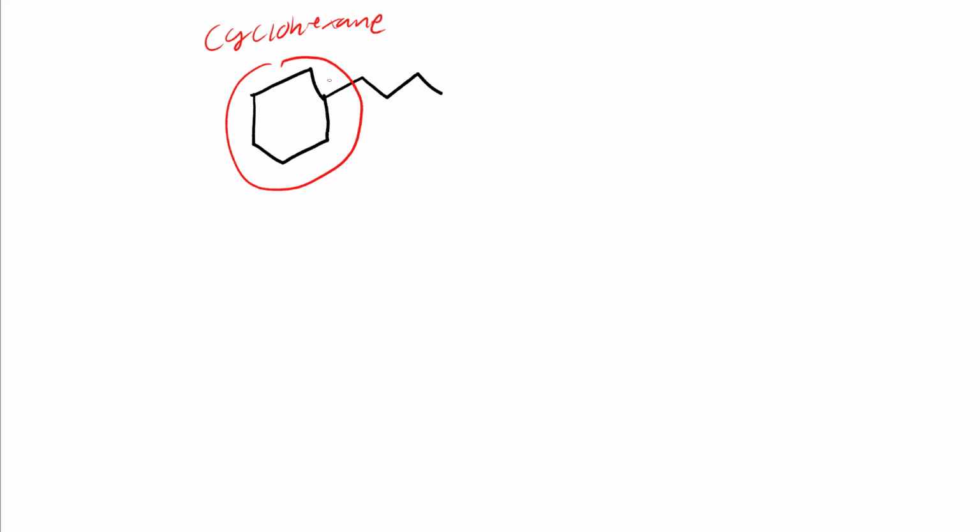So technically, you can start counting from here: 2, 3, 4, 5, 6. It's always going to be on the first carbon. Because it is the only substituent in this molecule, we do not have to list the location. So we can simply say that this is a what? A butyl, no hyphen, cyclohexane.